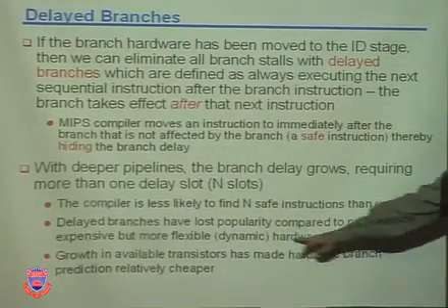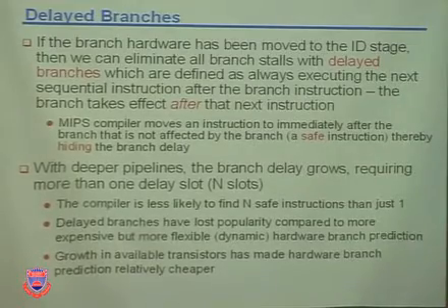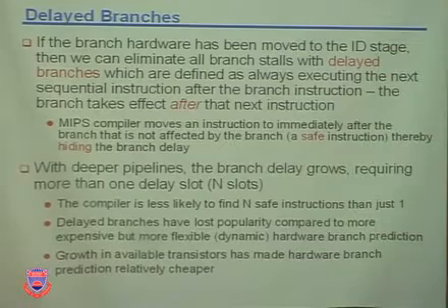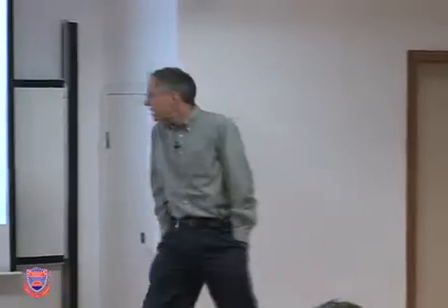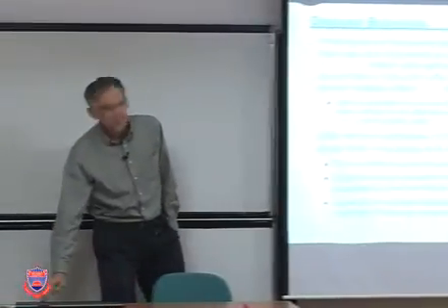So what we're doing is hardware branch prediction, which costs more, but can be done. And the growth in the available transistors has allowed this to boom. And so you no longer find delayed branching to be very popular. This hardware branch prediction is relatively cheaper because the transistors have gotten so plentiful and there's so much area available on the chip.